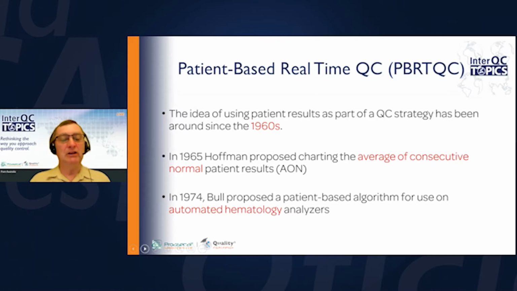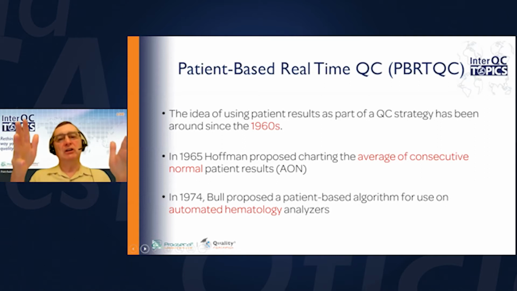Bull in 1974 proposed a similar algorithm using patient results, particularly for the derived indices, the MCHC and the MCV, and his algorithm, called Bull's algorithm, was a moving average. It removed the outliers, but it was basically a weighted average.